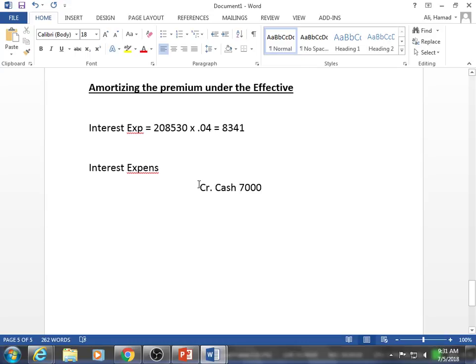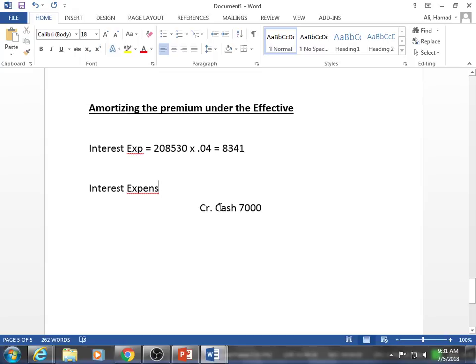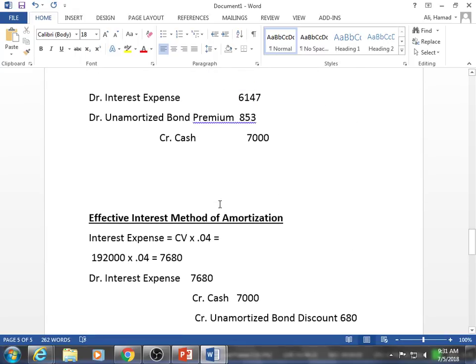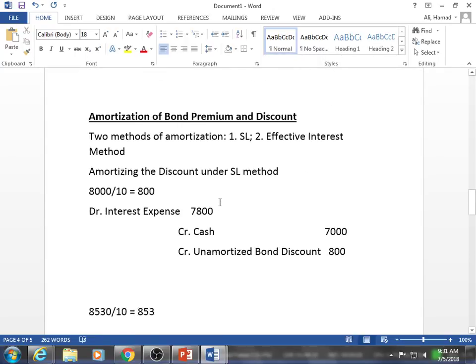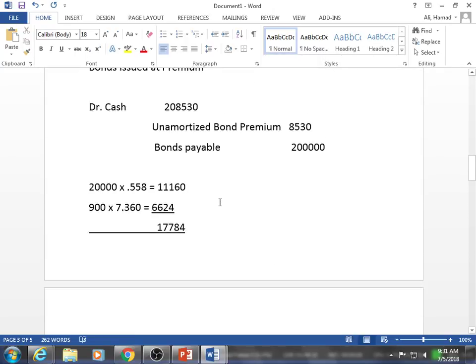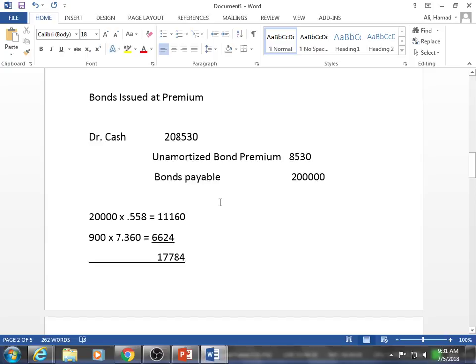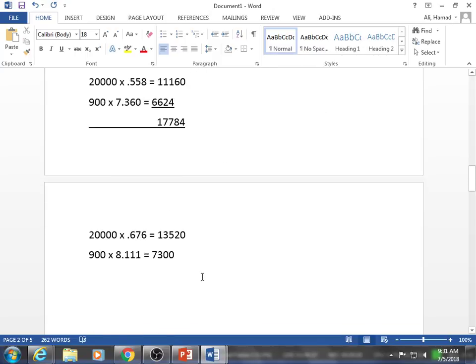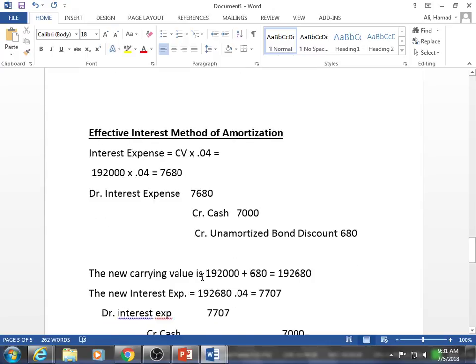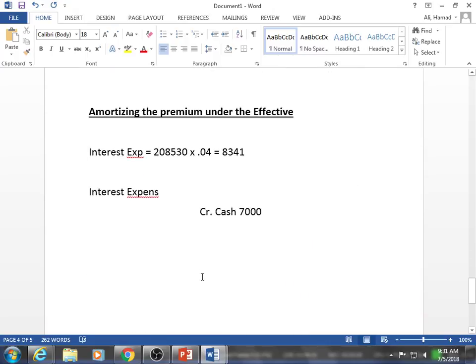Okay, what is the original balance of the premium? First of all, is it debit or credit balance? Credit. It has a credit balance. So when we amortize it, we debit it. So we're going to debit 8,341.